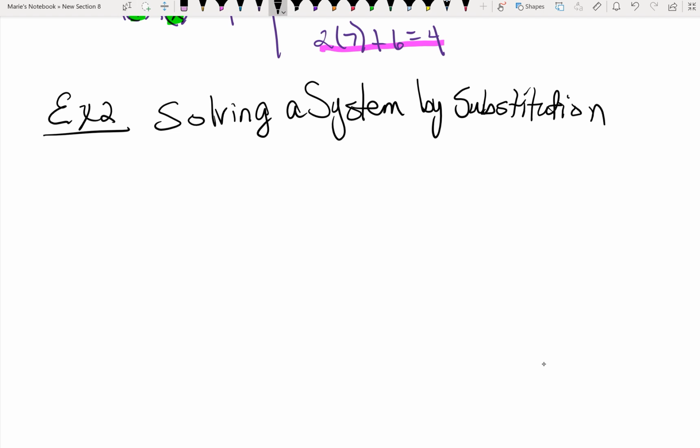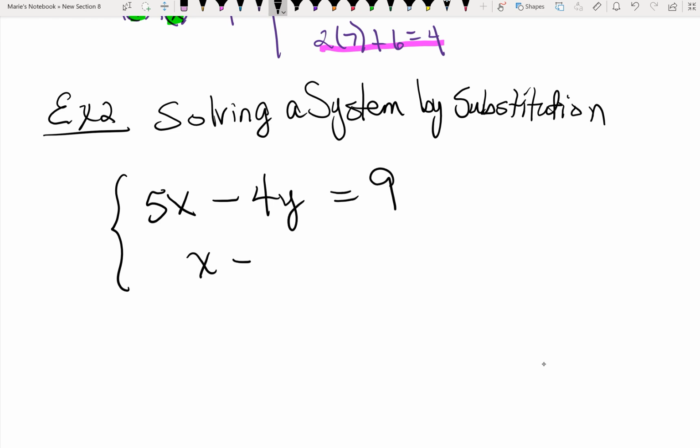And so I'm looking at 5x minus 4y is equal to 9. We're looking at x minus 2y is equal to negative 3.